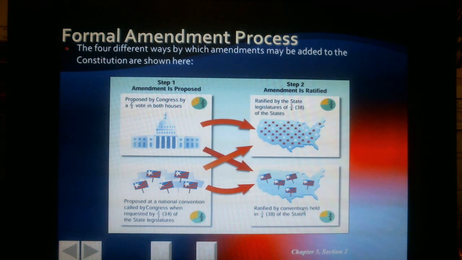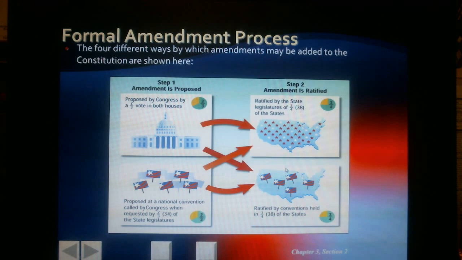So let's say they want to get rid of the marriage ban that's proposed right now, so that marriages can be between anyone. That's the proposal. It would take 3/4 of the states, 38 of the 50, to pass that, or state conventions being held to do that. So it gets very difficult to get an amendment put through and passed.